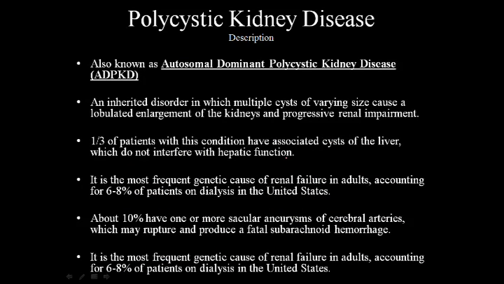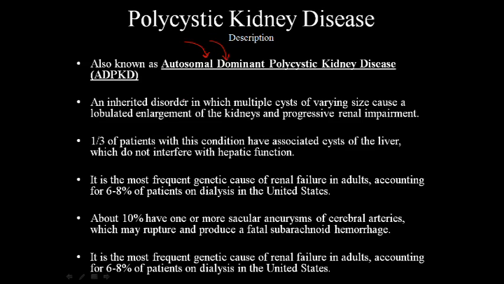So polycystic kidney disease is also known as autosomal dominant polycystic kidney disease, or ADPKD. The thing to keep in mind is that it's autosomal dominant, which means that it's a dominant, not recessive trait.